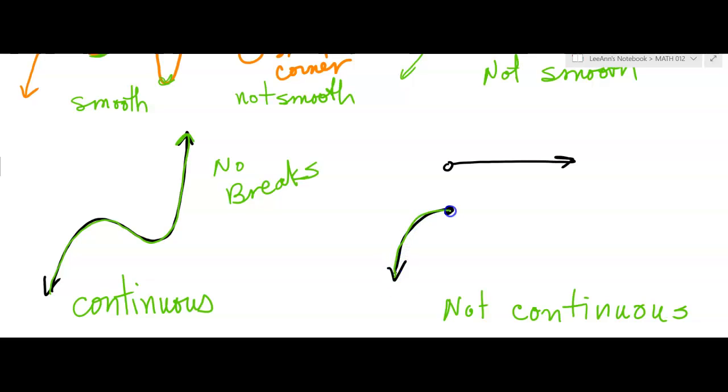So you can go up here, but then you'd have to pick up your stylus and move it up here to continue tracing it. So if there's a break in the graph, it's not going to be continuous. Okay, so polynomial functions, again, they graph to be smooth, continuous curves.